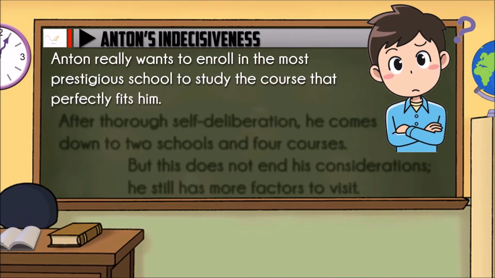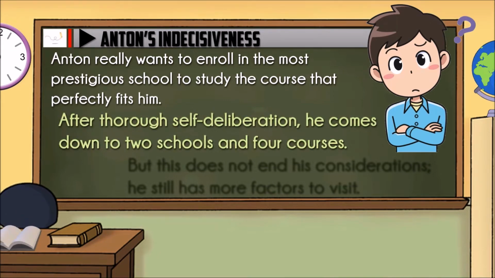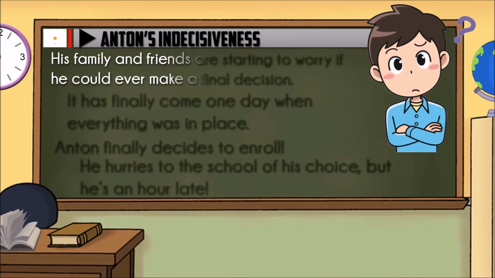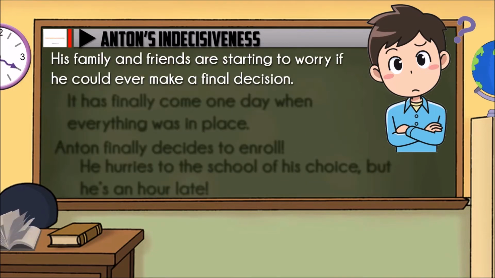Anton really wants to enroll in the most prestigious school to study the course that perfectly fits him. After thorough self-deliberation, he comes down to 2 schools and 4 courses. But this does not end his considerations. He still has more factors to visit. His family and friends are starting to worry if he could ever make a final decision.